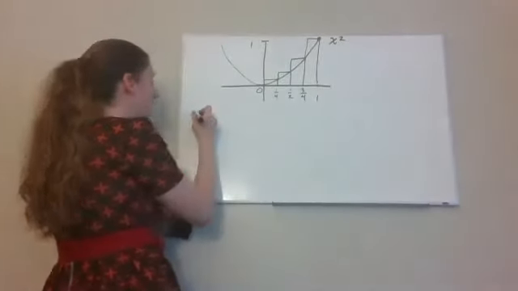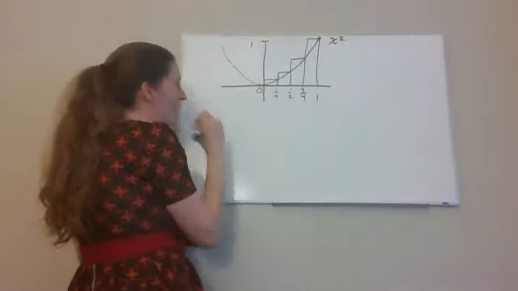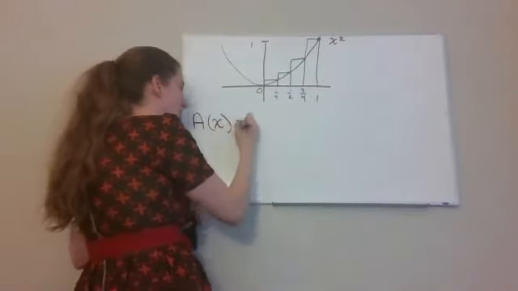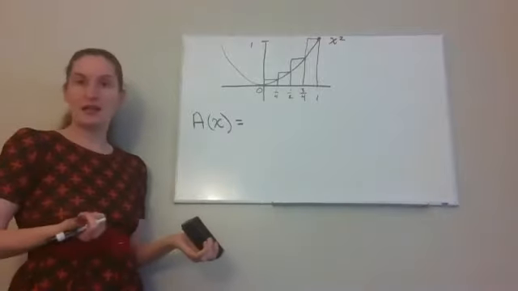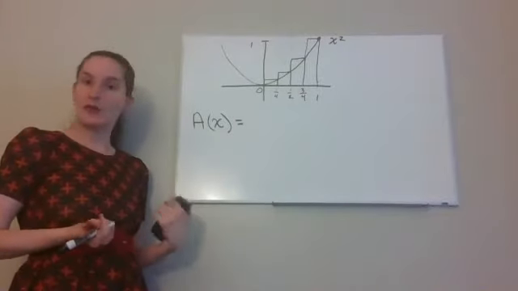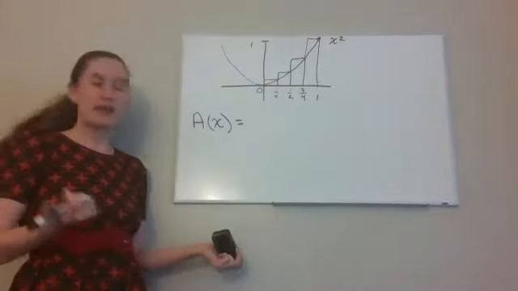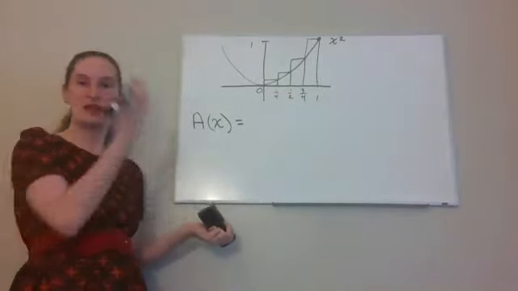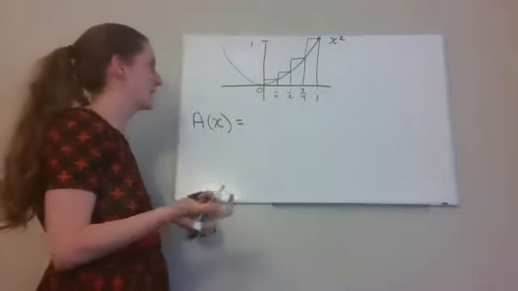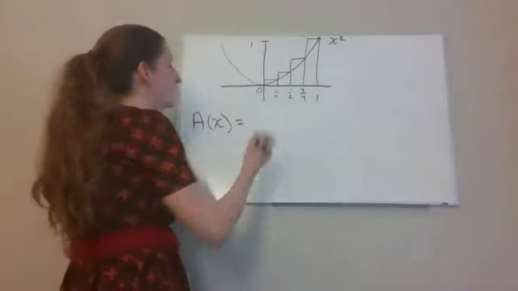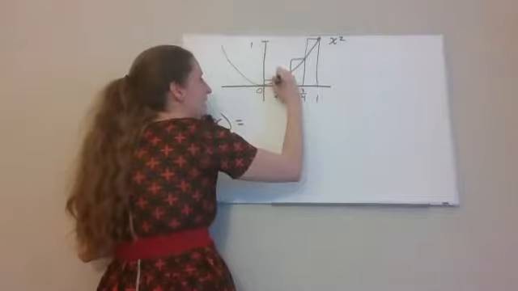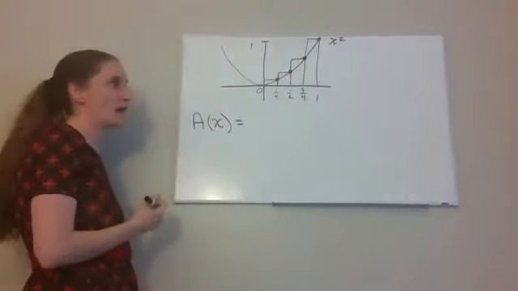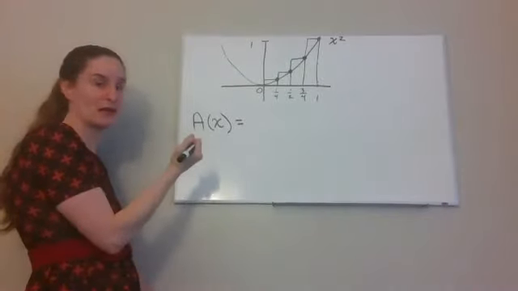So I have rectangles of width 1/4, and I have to figure out the total area. Well, my total area I get by adding up the area of the 4 rectangles. And the area of a rectangle is just length times width, or in this case, width times height. To get the height, we need f of these right endpoints. That's where I drew to make the top of my rectangle.